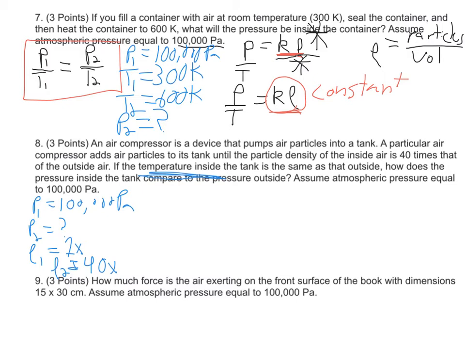So if we go through the same process that we did last time, starting with our original equation, pressure equals K times density multiplied by temperature, if we divide both sides by the density, we should get that pressure divided by density equals KT, where again, KT here is a constant.